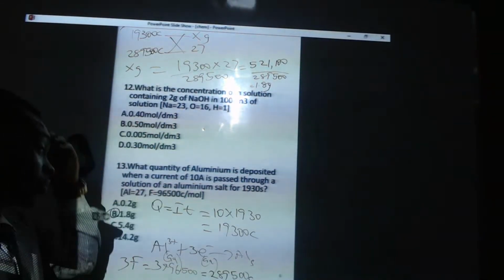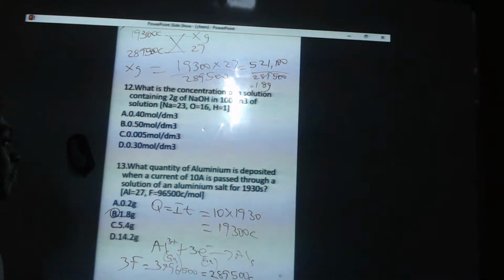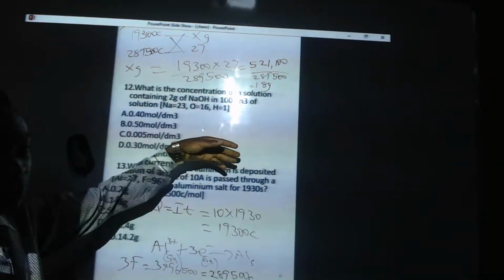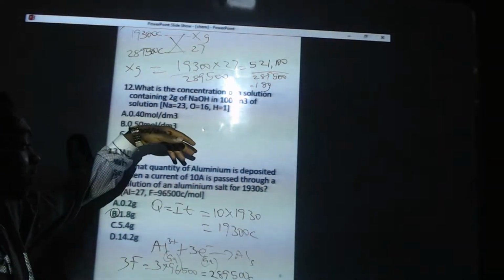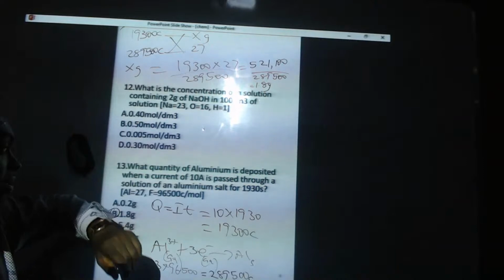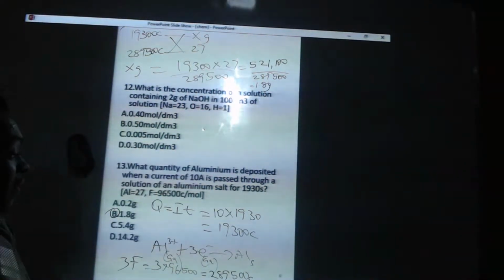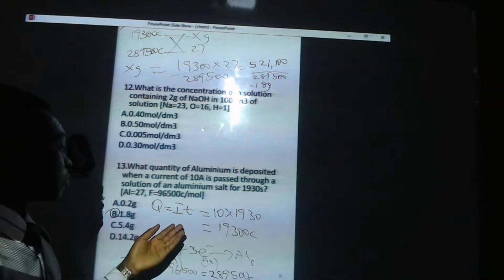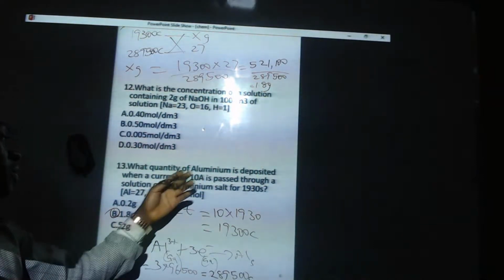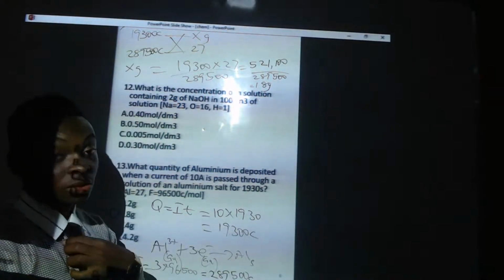Your first thing is to find the quantity of electricity. What they asked you for is not the quantity of electricity, they asked for the quantity of aluminium deposited. You're actually looking for the mass of the aluminium. So you find the quantity of electricity first, multiplying the current by the time, which is 10 times 1,930, which will give you 19,300.